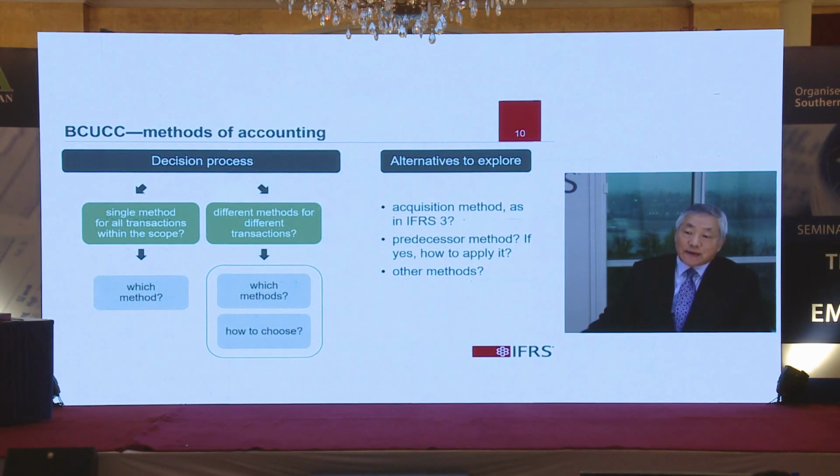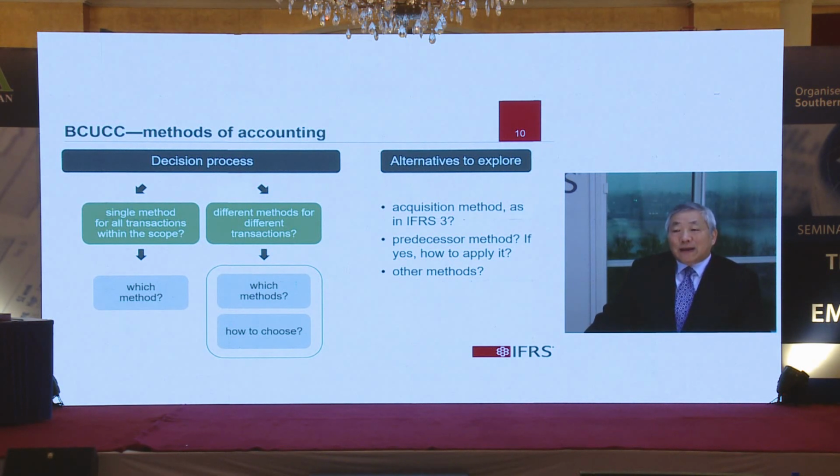So basically, in this decision process, we are trying to use a single method for all transactions within the scope. So we have to decide which method we are going to use as the single method.